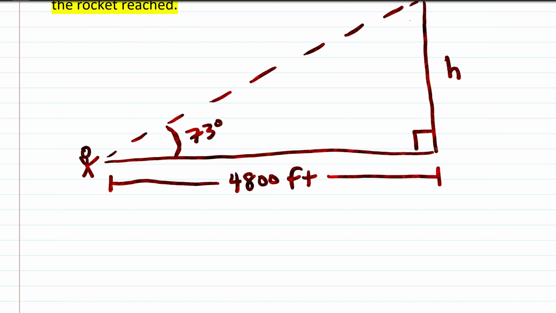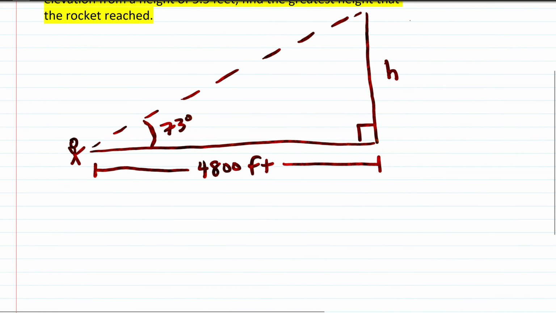All right, so we can look at this situation and use our trigonometric function of tangent, because tangent will help us out. Here we get the opposite over the adjacent.